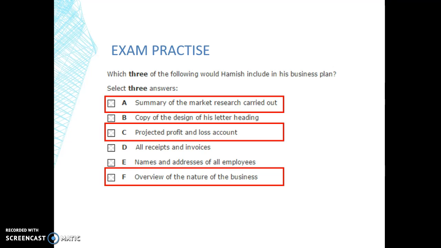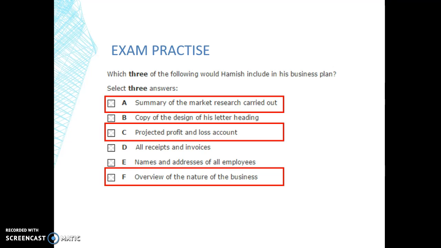Names and addresses of employees could have been in there, unlikely addresses, but you quite often have the names of your key personnel in a business plan. So this is one where there were 5 answers which were in some cases reasonably right, but you had to pick the 3 which were the most appropriate, in which case it was A, C and F.